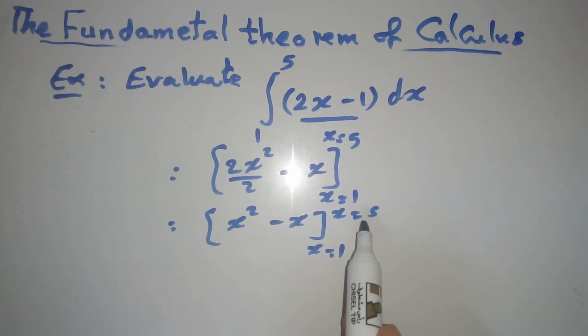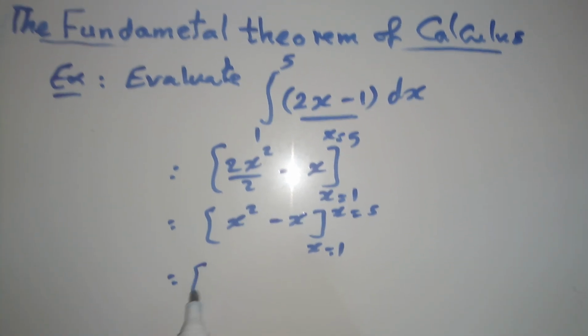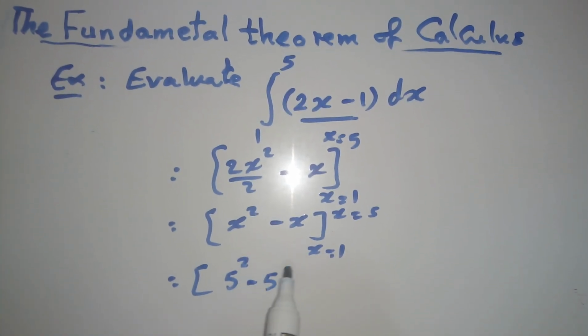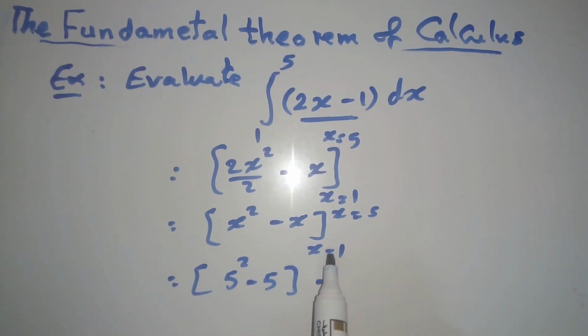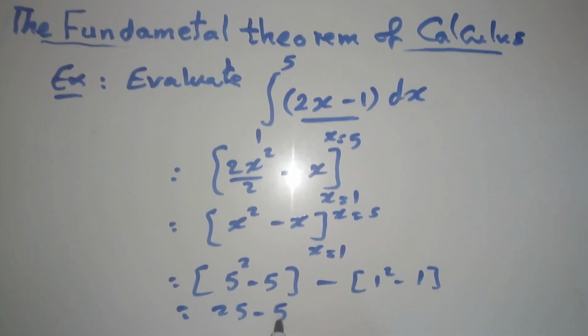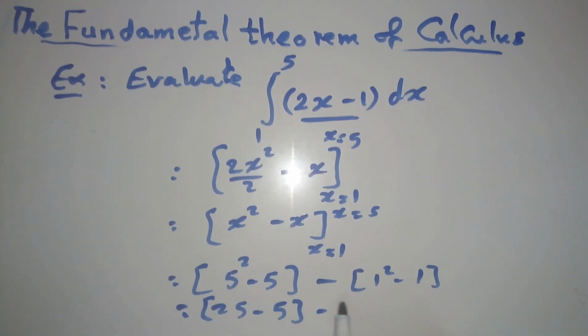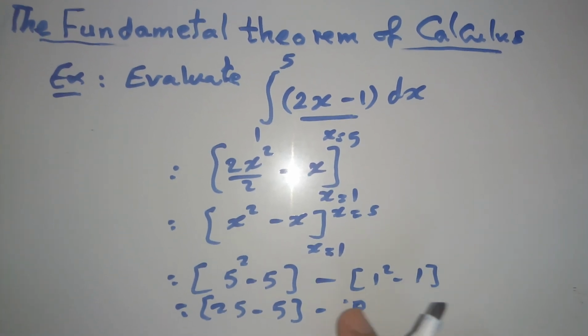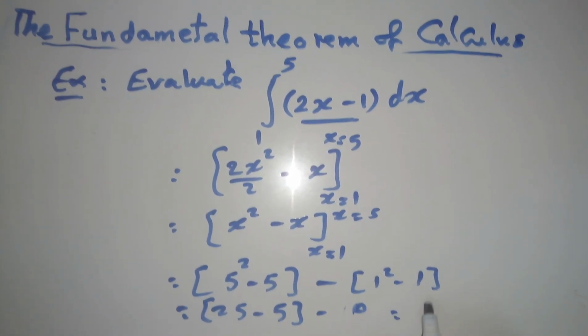Now plug in x equals 5. It will be 5 squared minus 5 minus the lower value, which is 1 squared minus 1. This is 25 minus 5, and 1 minus 1 is 0 here. Then it will be 20.